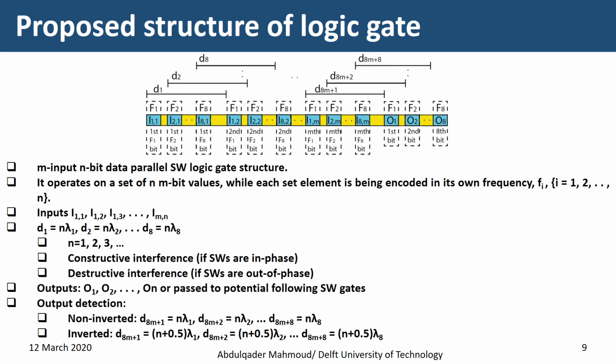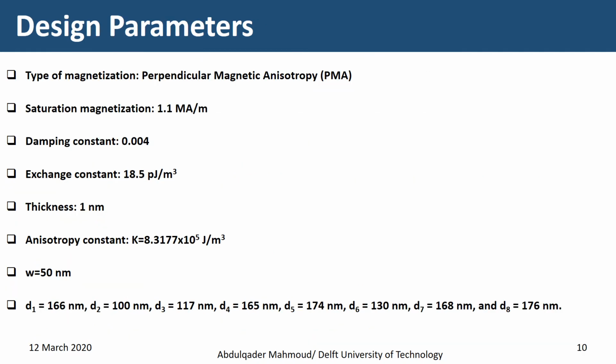We need to show the validation of such a structure using micromagnetic simulation, because we use the following parameters, which are fed to the object-oriented micromagnetic framework to simulate the structure and validate it.